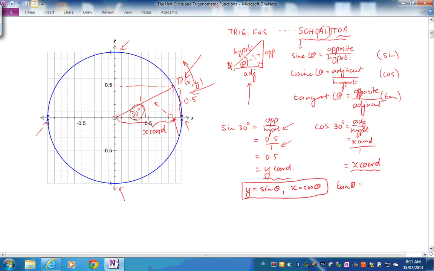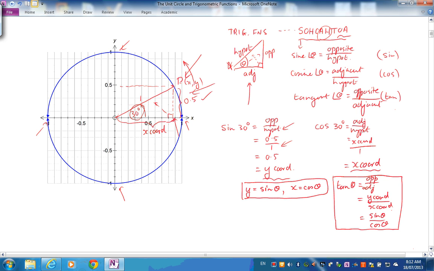The tan of theta is the opposite over the adjacent, which is equal to, the opposite was this value, the y-coordinate, over the x-coordinate. Oh yeah, well that's okay. That's also equal to, therefore, sine theta on cos theta. So that's a nice little proof that tan theta is the sine over the cos.